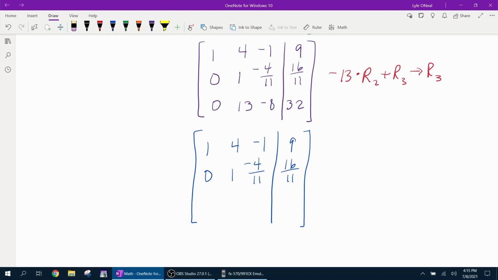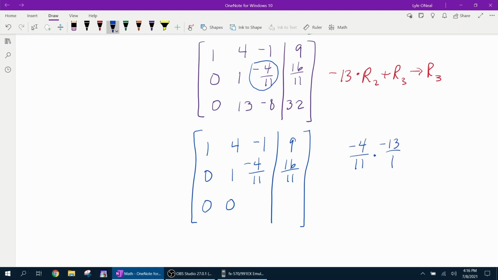All right, so to start it off, that's going to be 0 times -13, which is 0. And then 0 added to 0 is still 0. It's important that you retain these objectives that we've already achieved. Next, 1 times -13 is -13 plus 13 is 0. Objective achieved. Next, -4/11 times -13.